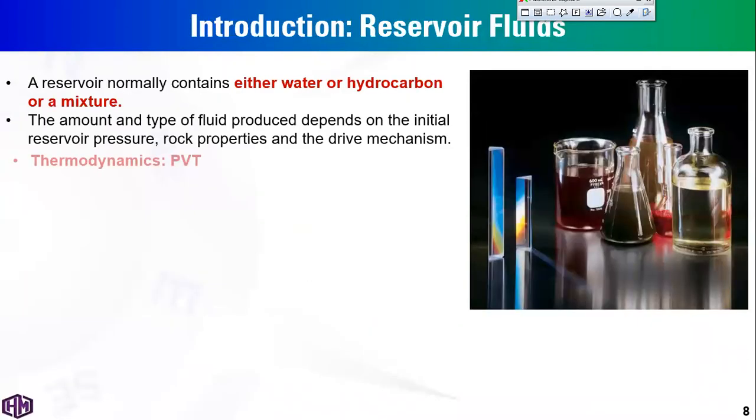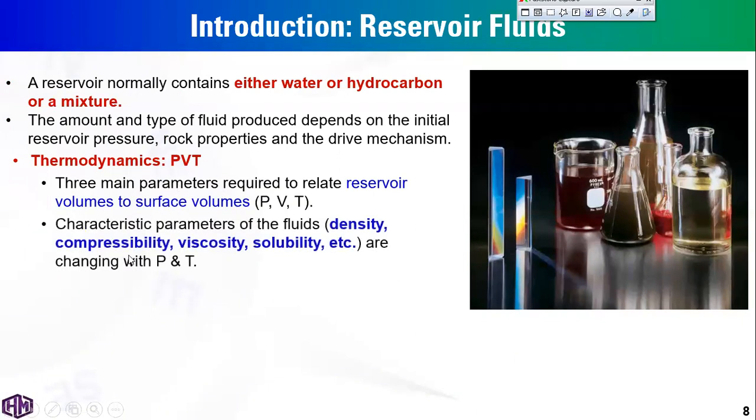So reservoir fluids, as mentioned, are a mixture of water and hydrocarbons, maybe oil or gas or both. The major relationship to study reservoir fluids is PVT, which includes three parameters: pressure, volume, and temperature, to relate the reservoir volumes to surface volumes.